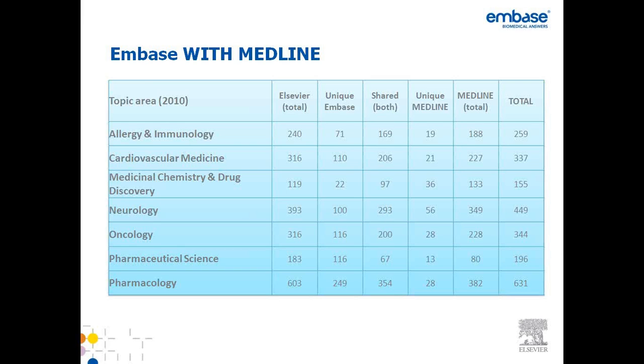Shared, we have 206, and you'll see the total on the end column. So that's for those of you who may not yet be searching Embase or thinking about searching Embase. Then looking at these topic areas, you can see exactly how many journals you're finding uniquely in Embase.